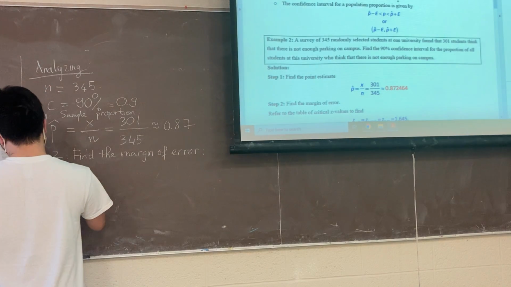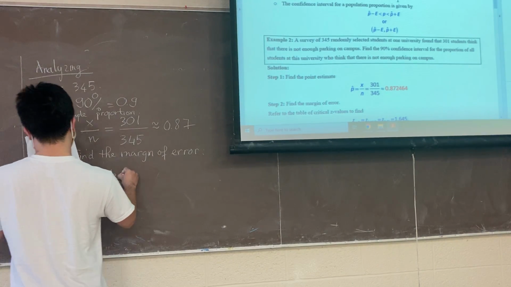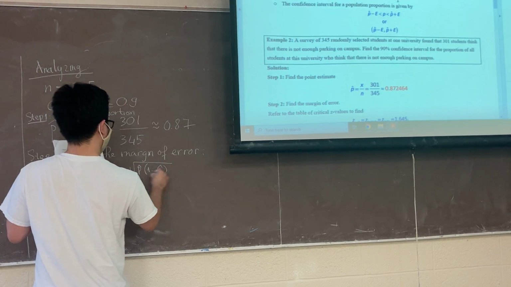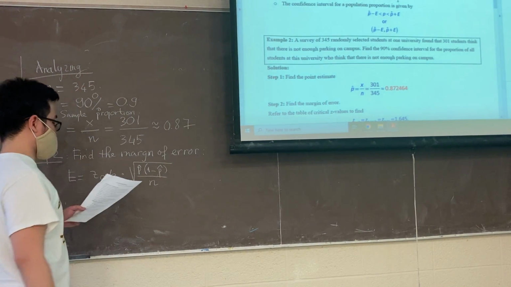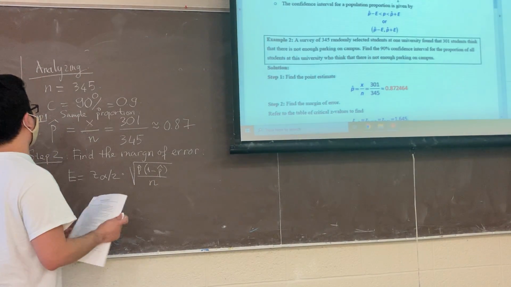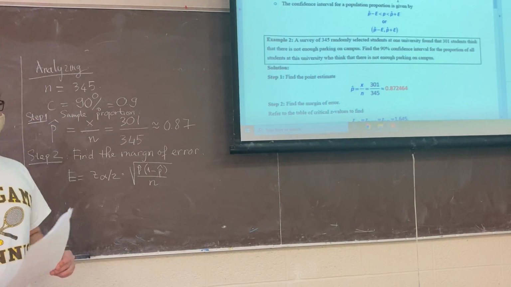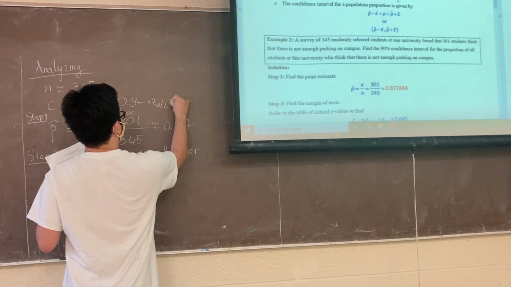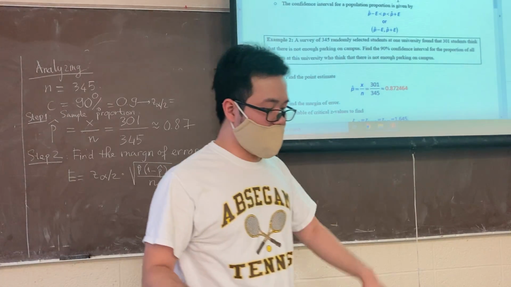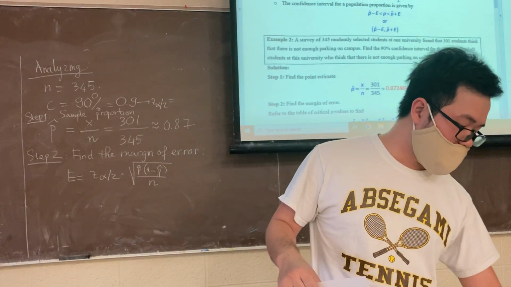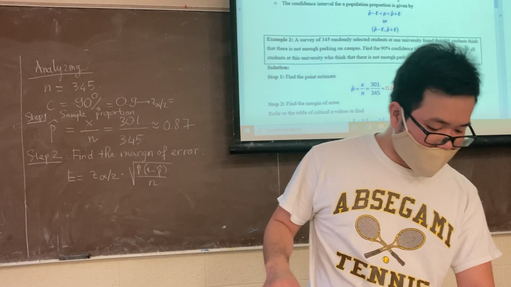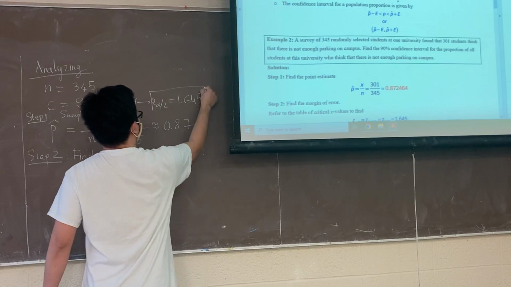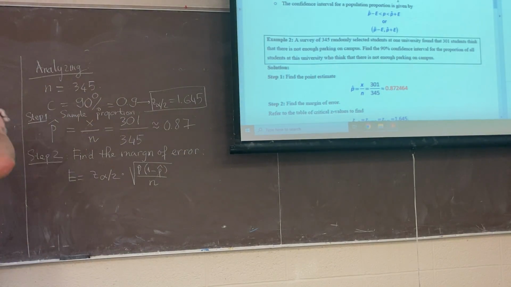E is z alpha over 2 times the square root of p hat times 1 minus p hat over n. And now we have the confidence level, C is 0.9. You can use table 8.1 to find the critical value. The critical value here is 1.645.